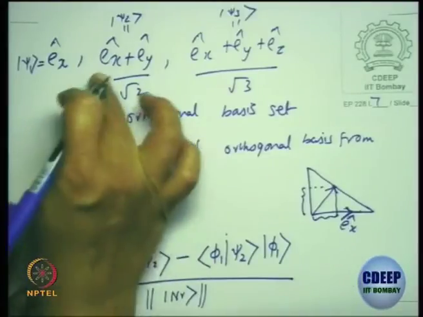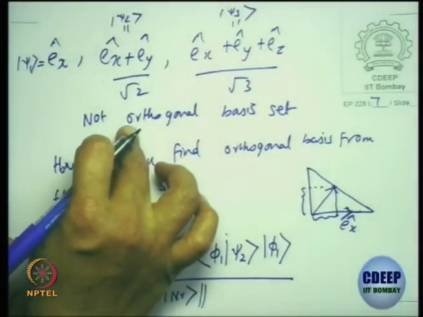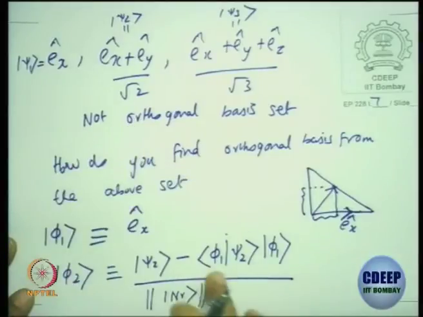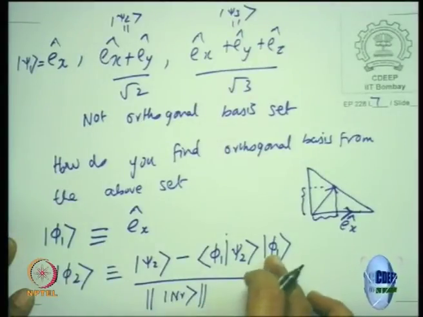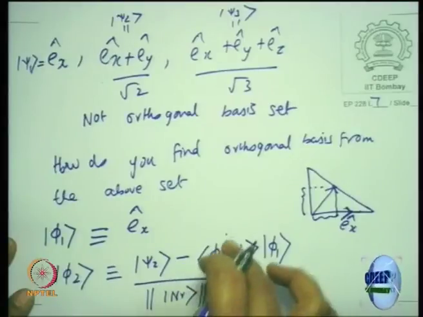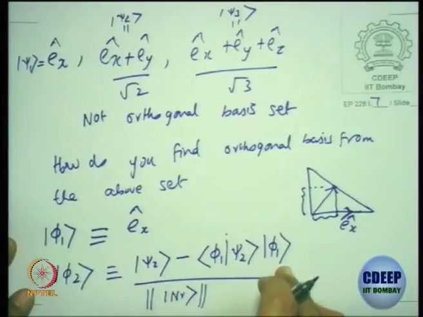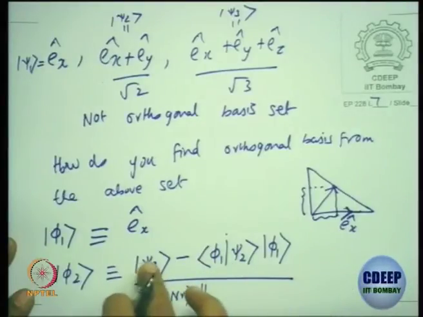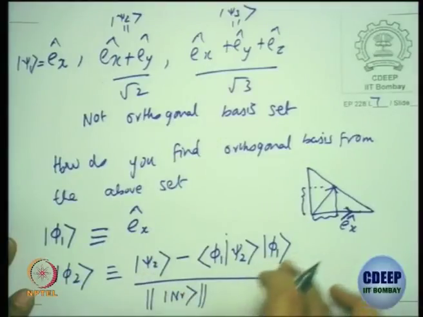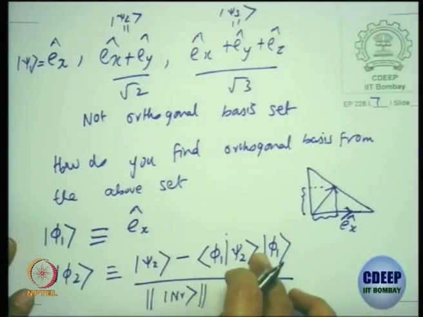Psi 2 is (Ex plus Ey) by root 2. You take a dot product with Ex, right? And then this is Ex. The dot product with Ex will give you 1 over root 2, and then this is Ex. (Ex plus Ey) by root 2 minus Ex by root 2 will become Ey by root 2.